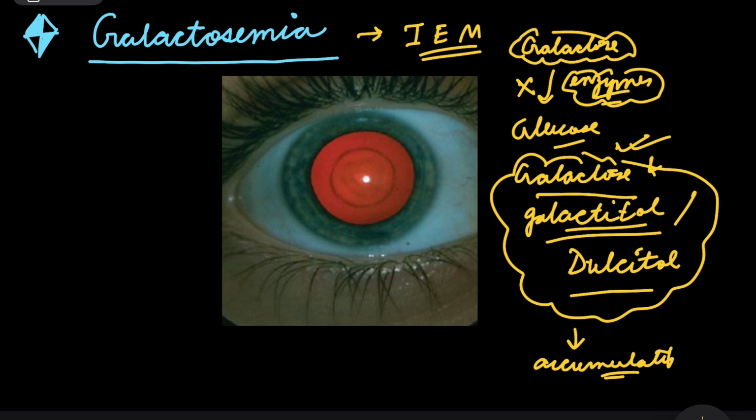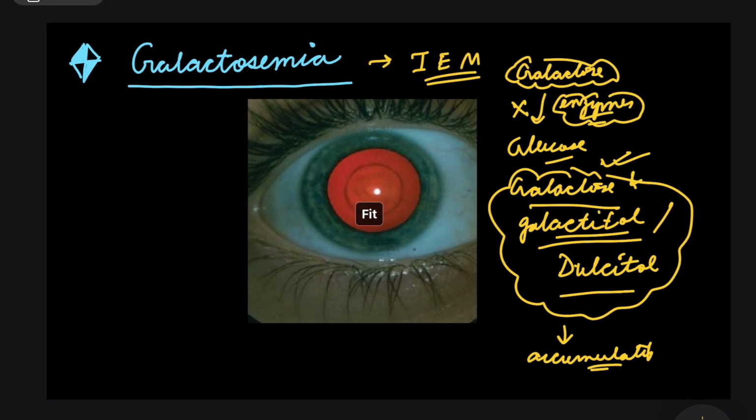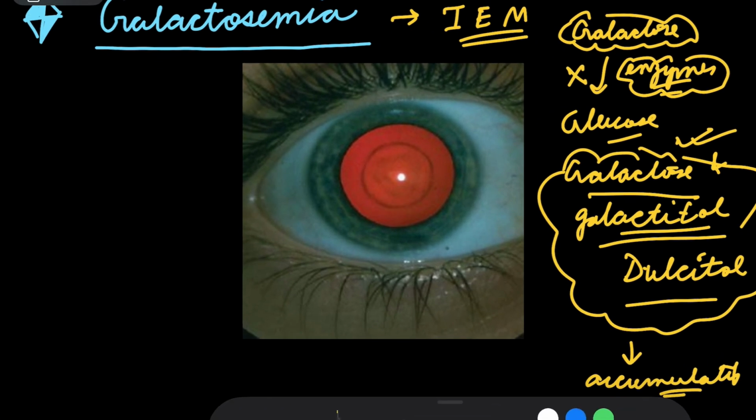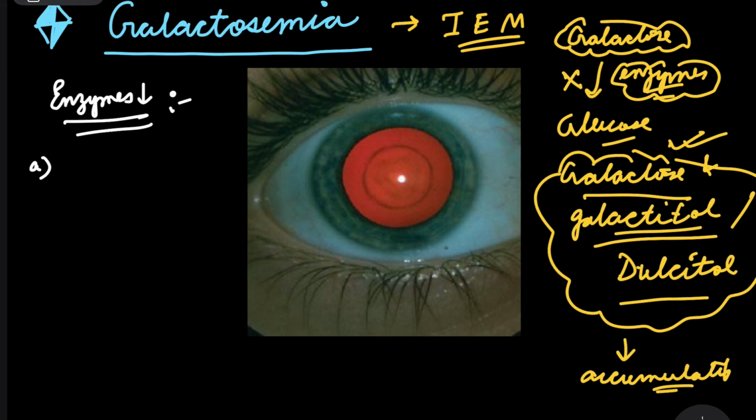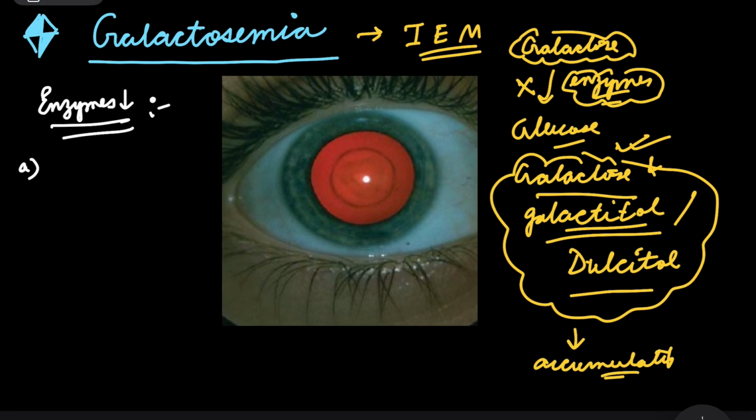So first of all, what are the enzymes which are deficient? Let's talk about the different enzymes. The enzymes deficient, let's make a list. There are 3 enzymes, very, very important. First one, GALT. What is this?